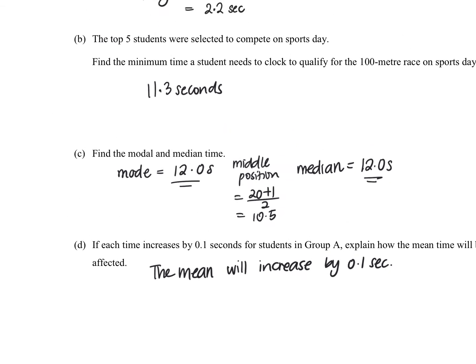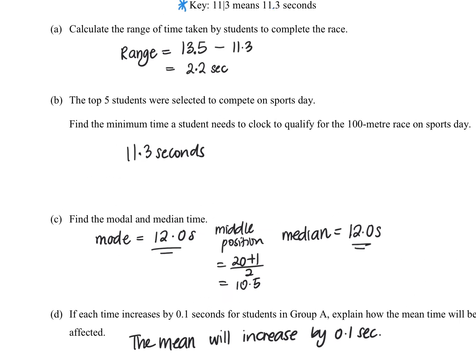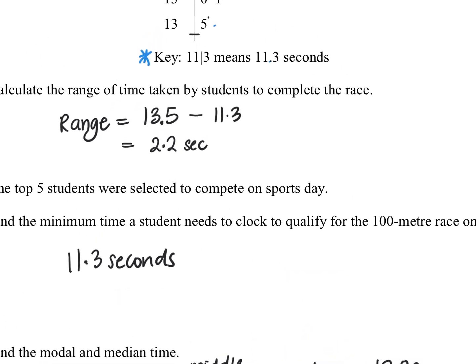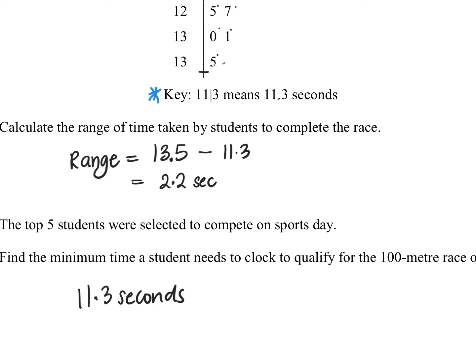However, this effect is not true for my range. For example, our range down here is 13.5 minus 11.3. If every single data value increases by 0.1 second, the largest number will become 13.6, and the smallest value will now become 11.4. After doing a subtraction, you will still get back 2.2 seconds.